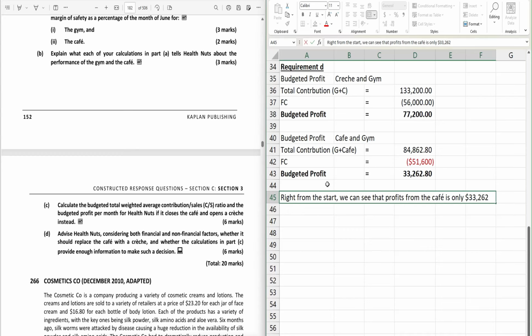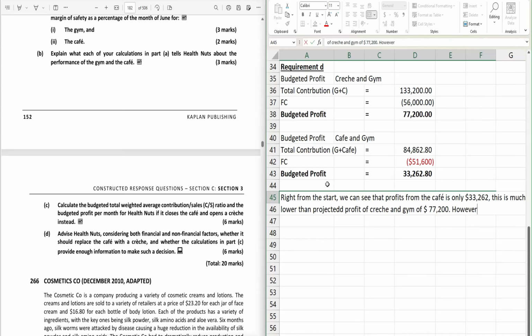Yes, and this is much lower than the projected profit of crèche and gym of $77,200.